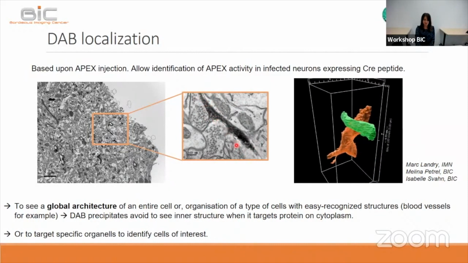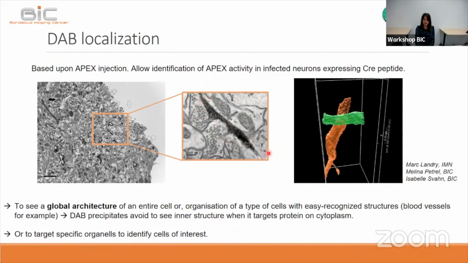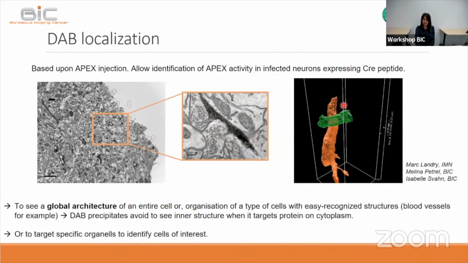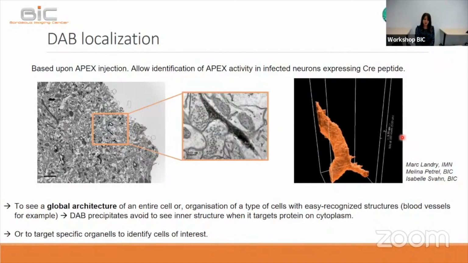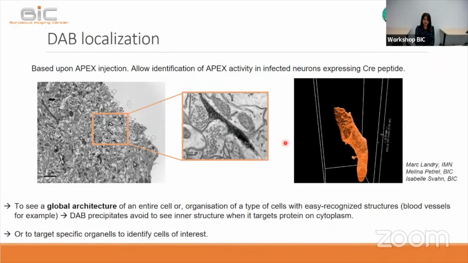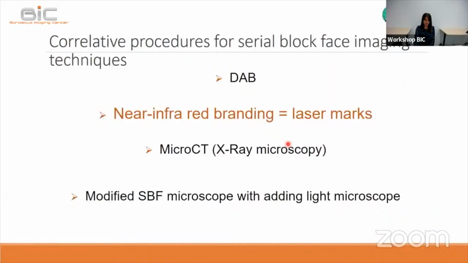You can see in this image, and you have just here the 3D reconstruction after segmentation. We speak about that at the end of the presentation. Another approach that we are developing now at the platform is near-infrared branding.